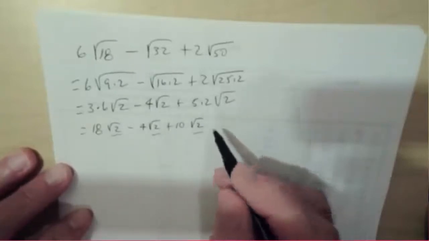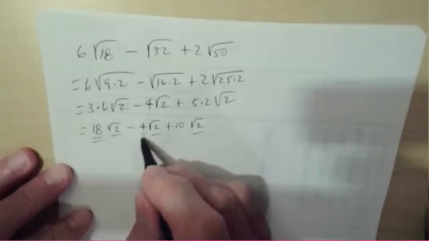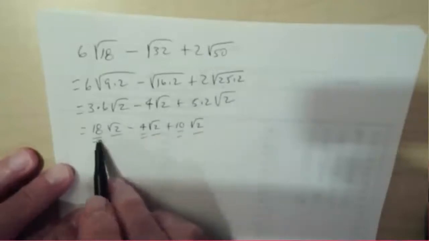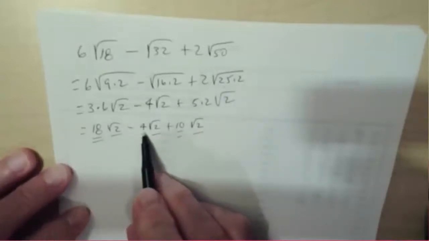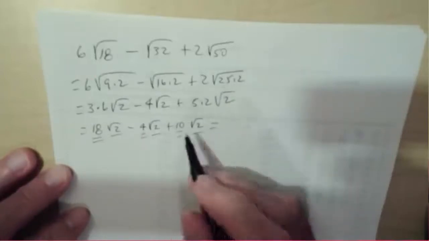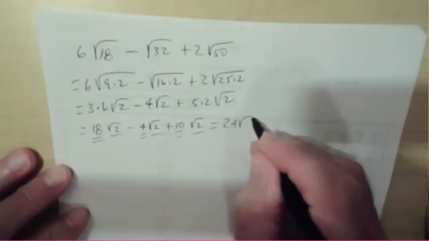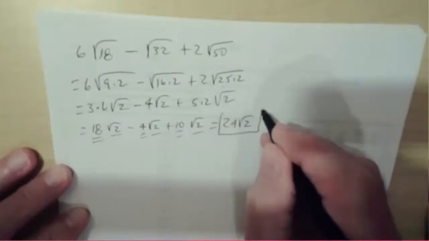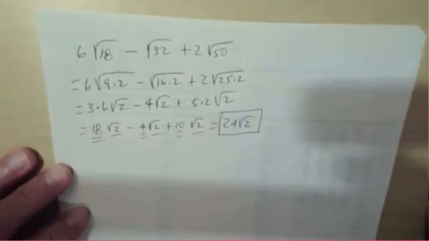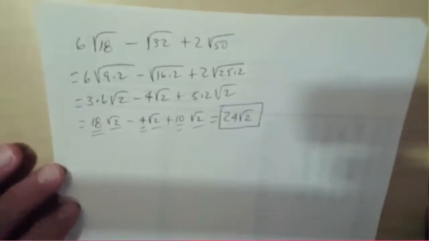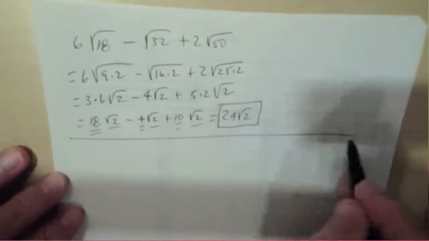So we can add or combine these. 18 minus 4 is, what is that, 14? And 14 plus 10 is 24 square root 2. I'm sorry I'm going so fast, but we've got a lot of stuff to cover. Okay.